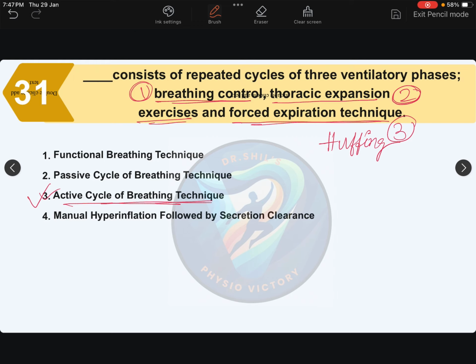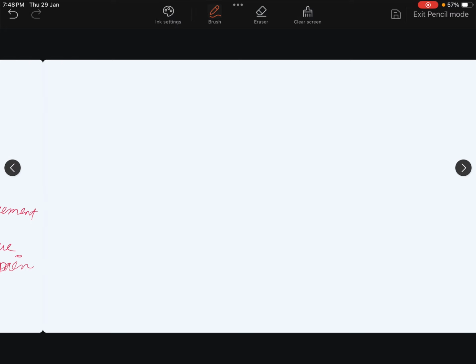This is used to clear airways in COPD, bronchiectasis or postoperative patients. Functional breathing technique is used for relaxation. Passive cycle is therapist assisted.